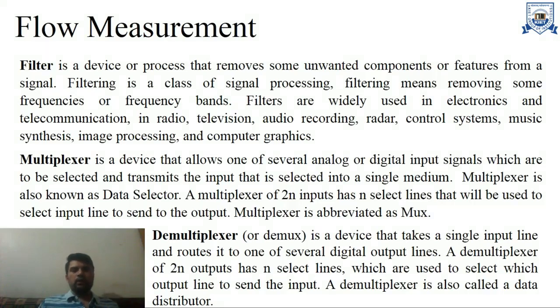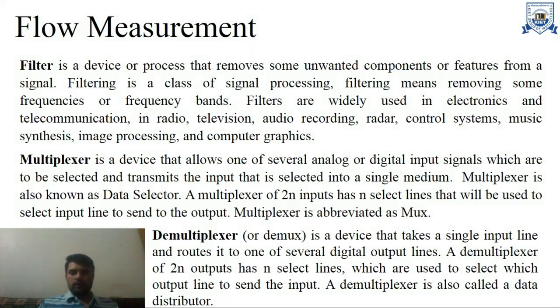Noise in a system is generally at high frequencies. Filters are widely used in electronics and telecommunication, in radios, television, audio recording, radar systems, control systems, music synthesis, image processing, and also in computer graphics.